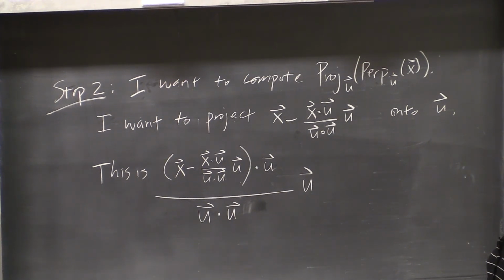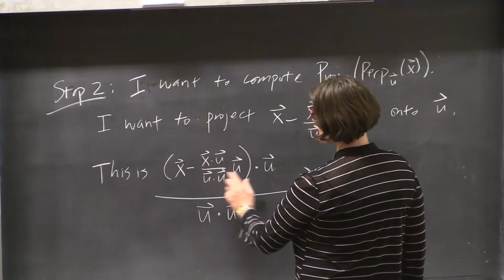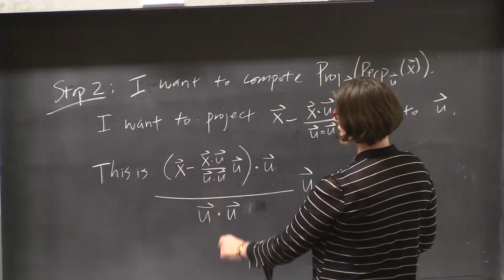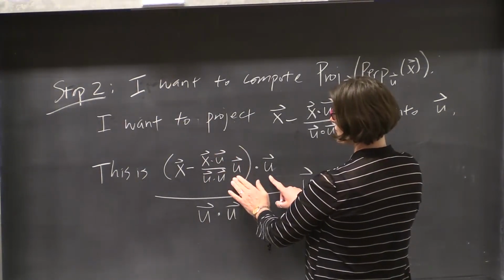So staring at this, what should I do? Distribute the dot product. The dot product of one vector with the sum of two vectors is the sum of the dot products. So this is a vector minus a vector dotted with u. So this dot product is going to be that dot product minus that dot product.